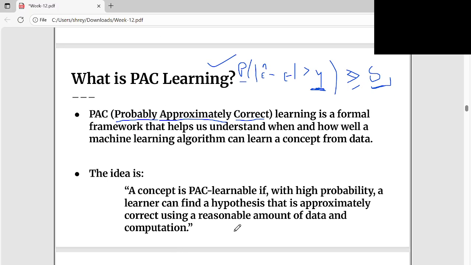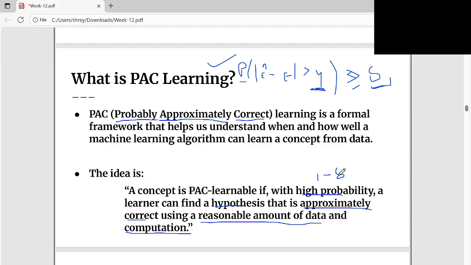We calculate m in terms of delta, gamma and k, so that's why it is written as reasonable amount of data. Computation is mentioned because some probability is there. Second, it is an approximate solution, approximately correct, and it is talking about the hypothesis with high probability. Here high probability means success probability. So if it is written as high probability, we are talking about 1 minus delta, not delta.